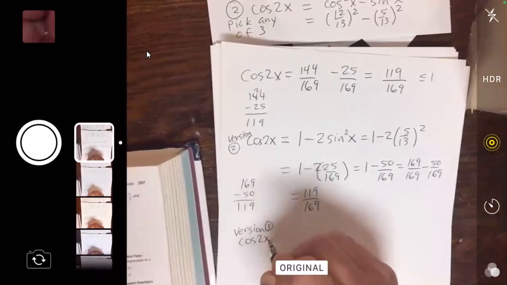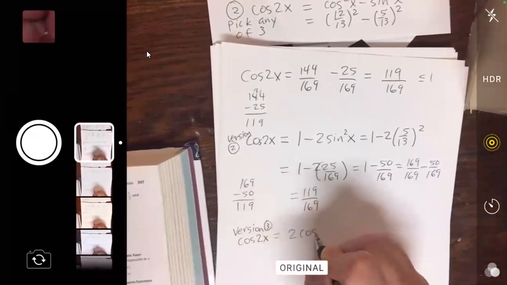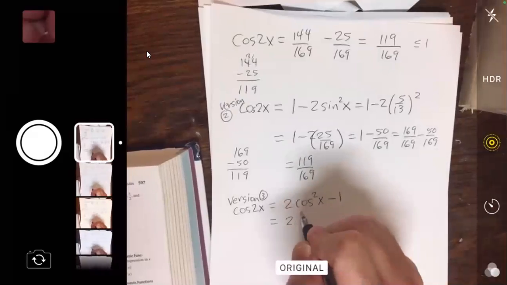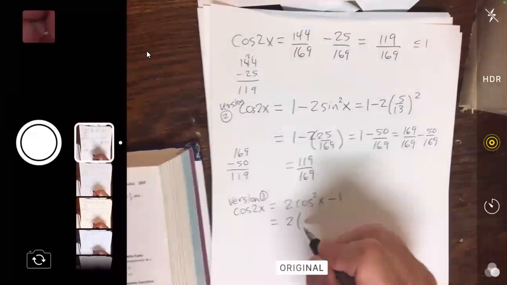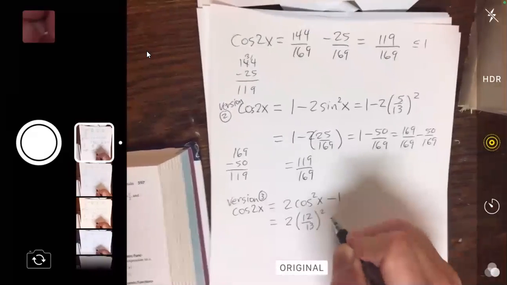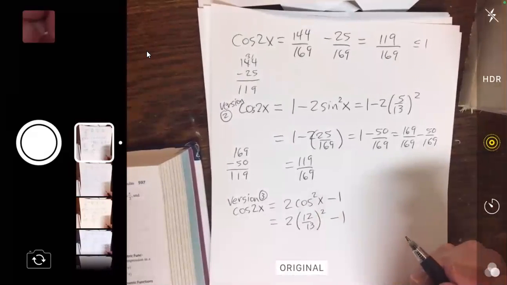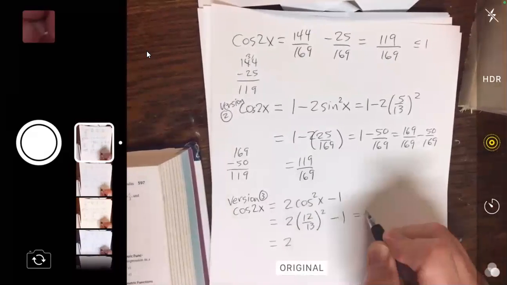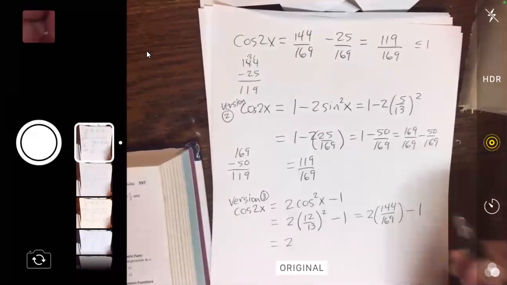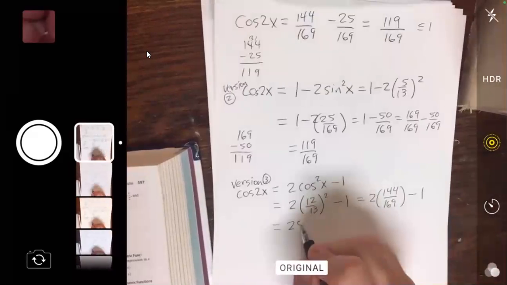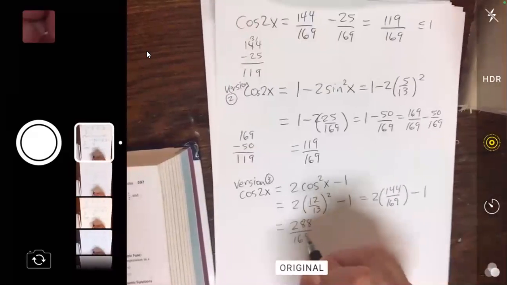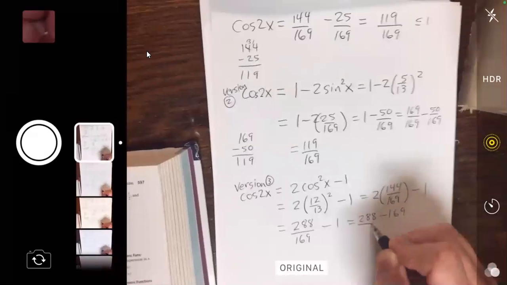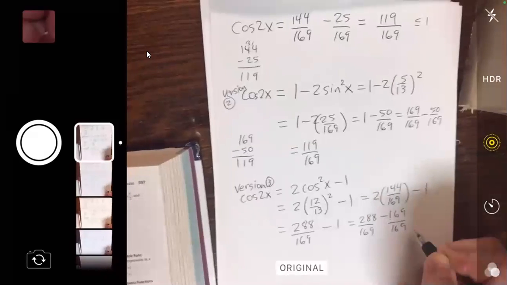Just to beat it to death, version 3, cosine of 2x was 2 cosine squared of x minus 1. So 2 times cosine of x, 12 over 13, squared, minus 1. I'll do it: 2 times 144 over 169 minus 1. That'd be 288 over 169 minus 1, which would give you 288 minus 169 over 169, common denominator.